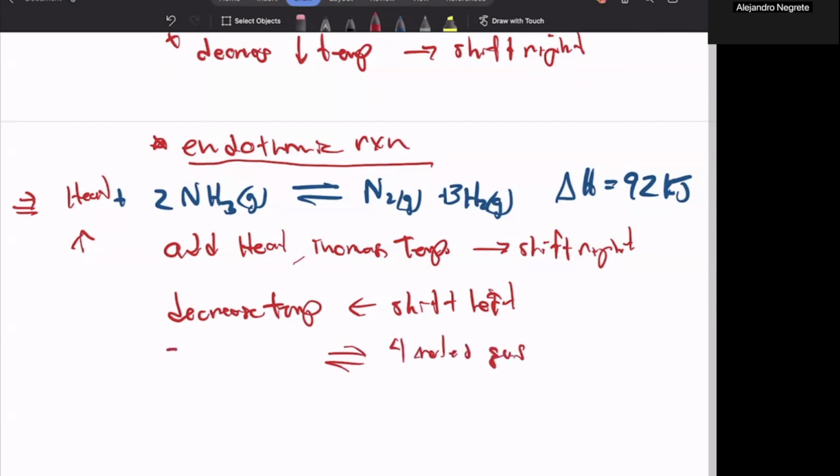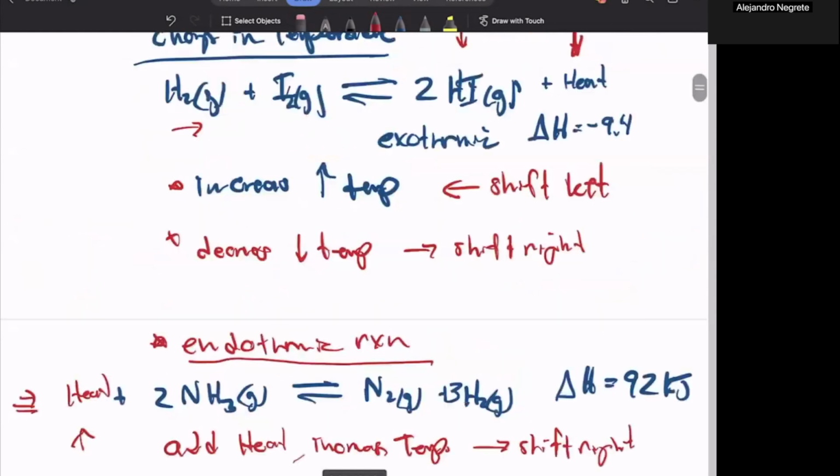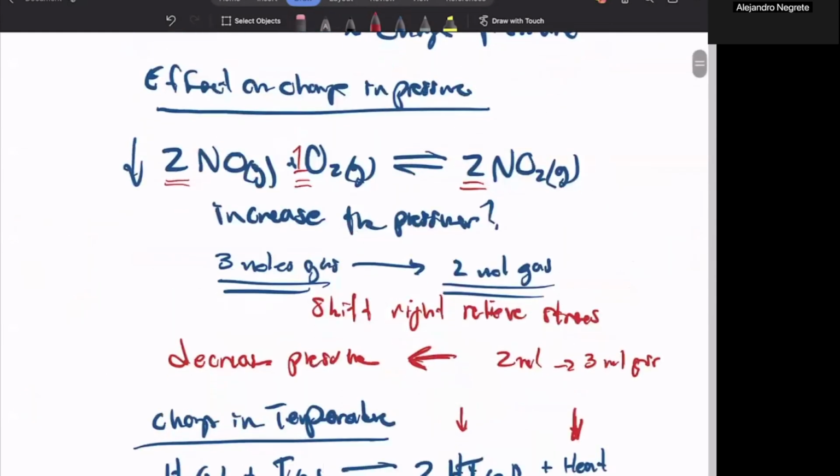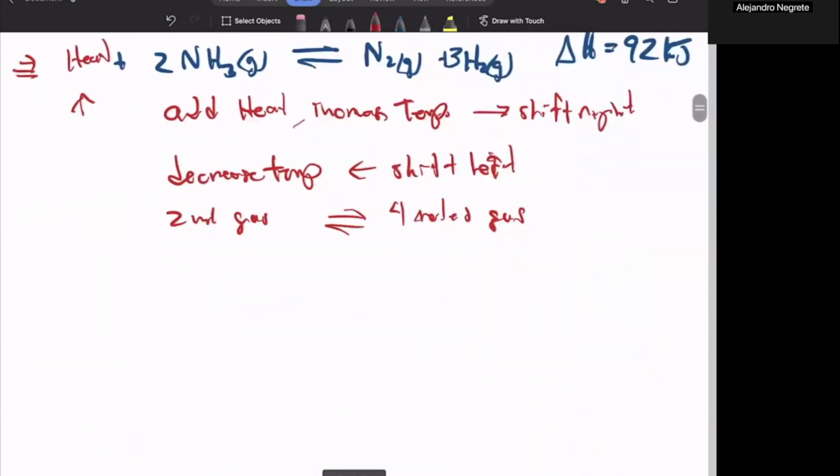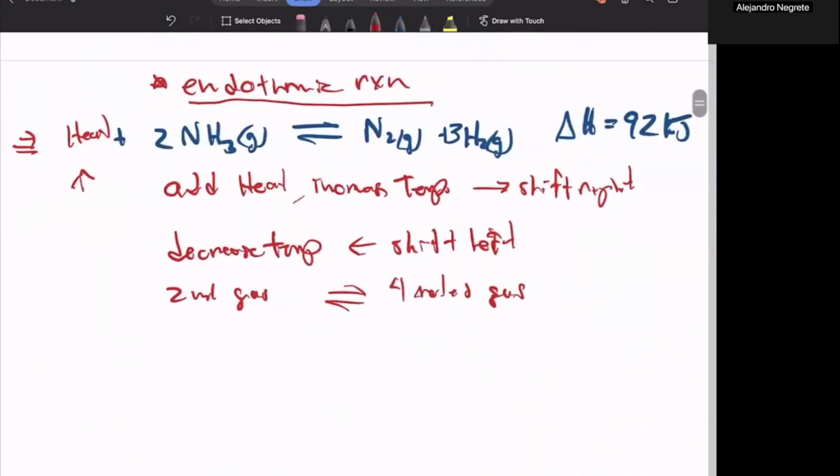And on the reactant side, we have 2 moles of gas. Now, when we increase the pressure here, we're going to need room for fewer moles. We need to decrease the number of moles.